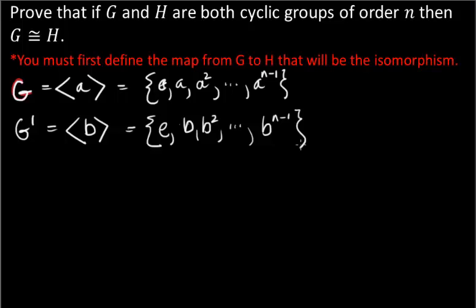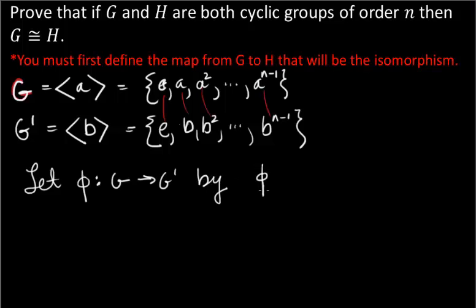Now obviously you know the map you'd like to use here. You want to have E to E, A to B, A squared to B squared, etc. That's an obvious and natural map. So the question is, how do we say it? Well, let's let phi map G to G prime by phi of A to the k, every element of G is A to the k for some k, is equal to B to the k.